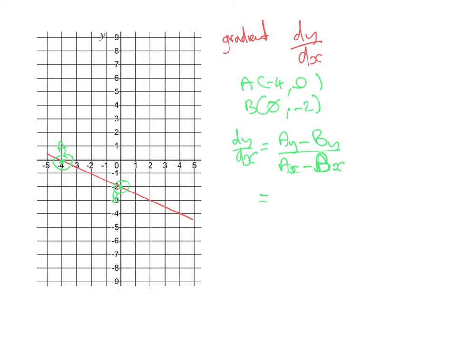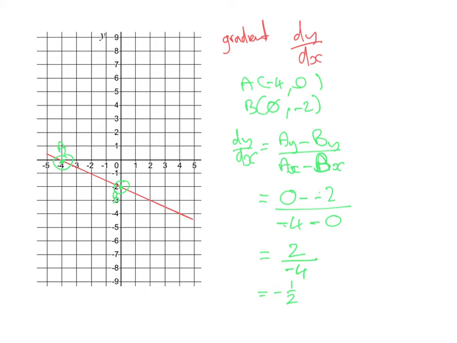So let's have a look what they are. The y component of A is 0. The y component of B is negative 2, over the x component of A is negative 4 and the x component of B is 0. So 0 subtract negative 2 gives you positive 2, over negative 4 take away 0, negative 4, and that gives you negative a half.